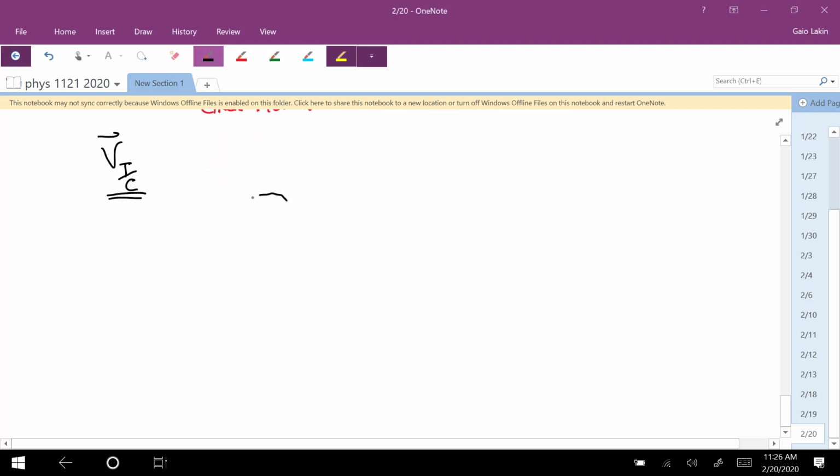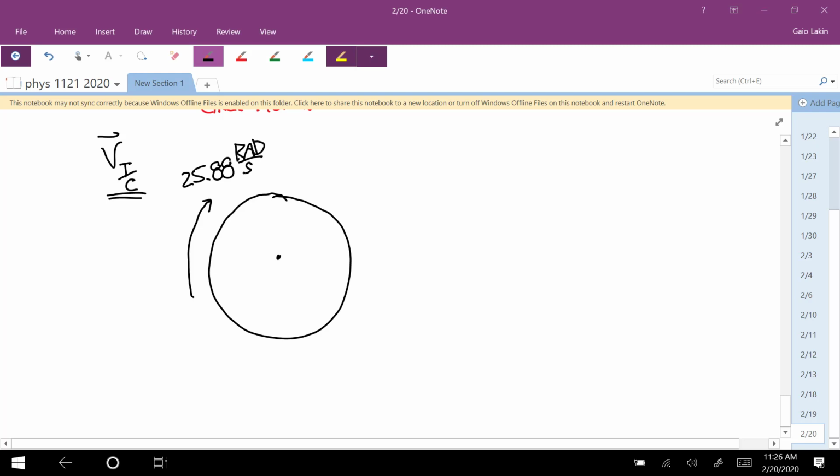What we're talking about is circular motion where this thing is moving with a clockwise angular velocity of 25.88, and the radius is 0.34. What's the direction of the velocity of the top, assuming that the center is still? Positive x direction. Anybody have any questions about that? Does that make sense?